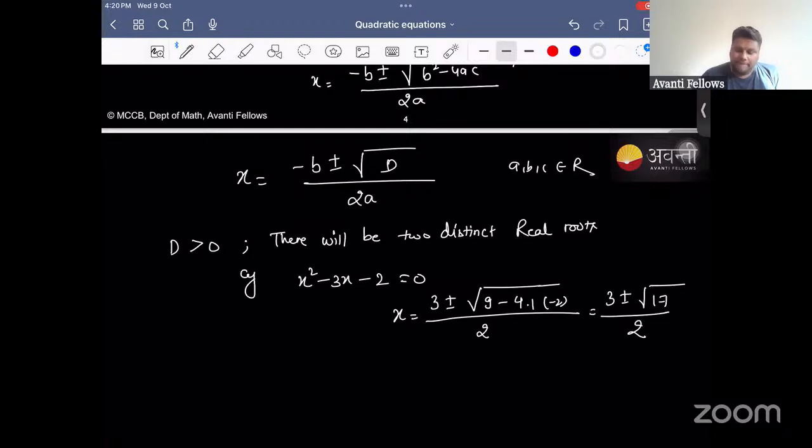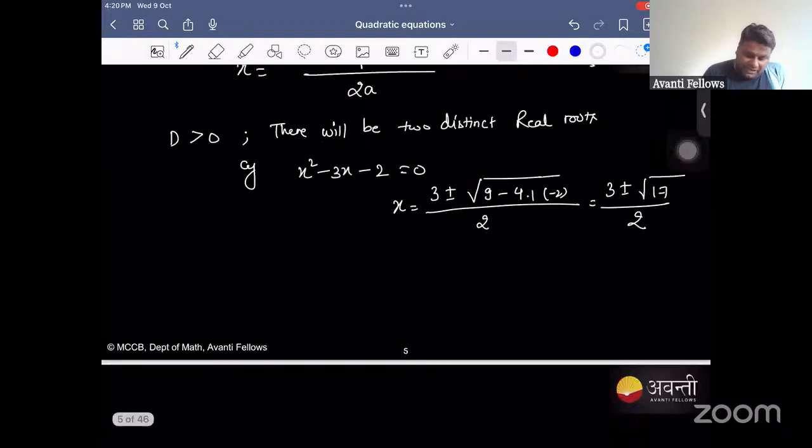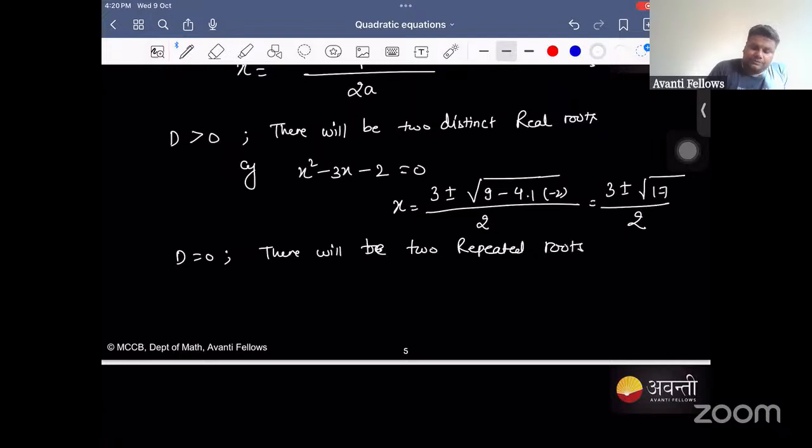Am I clear? Now, if this D goes 0, then there will be two repeated roots.